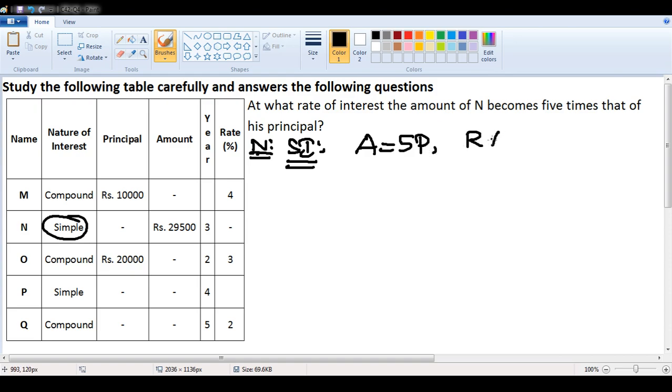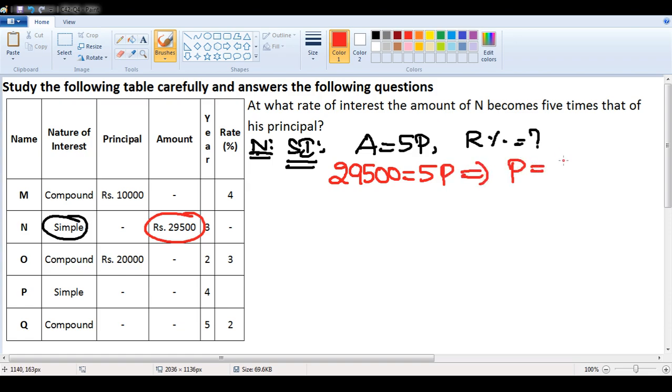At what rate of interest is the question. The amount is given as 29,500. This is 5 times the principal. So the principal will be 29,500 by 5. It is 5,900. And for n, the other value given is the number of years, which is 3 years.